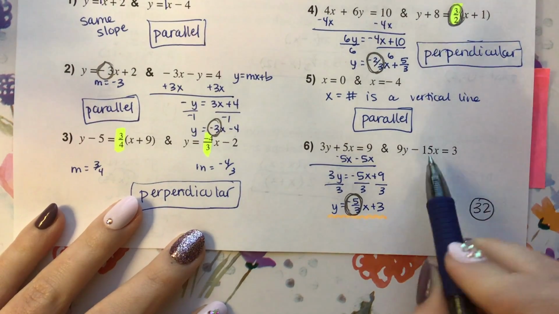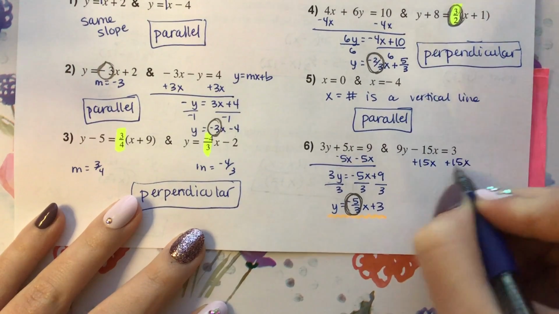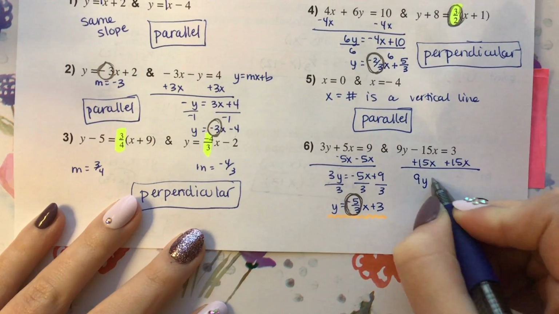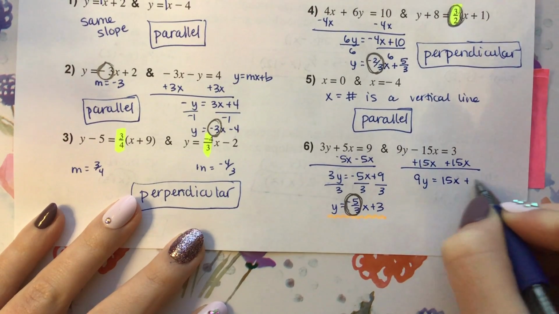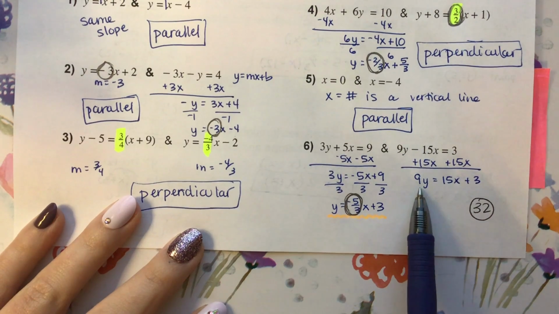All right, let's do this one. I'm going to add 15x to both sides because I'm trying to get the y alone, so then that gets me 9y is equal to 15x plus 3. This 9 cannot be with the y because I need the y to be alone if it's going to be in the form y equals mx plus b.